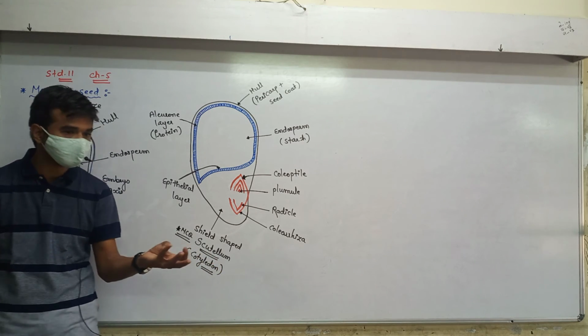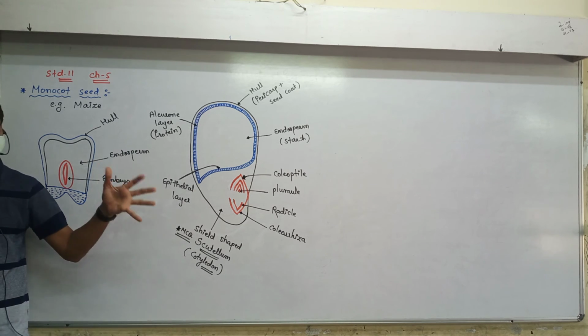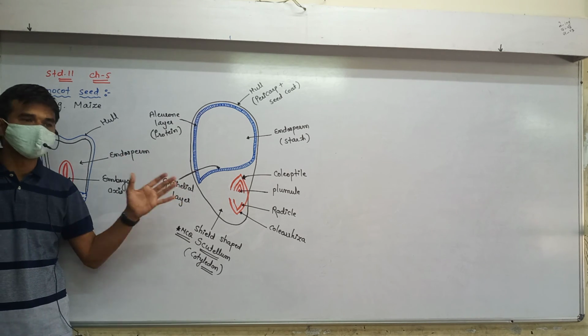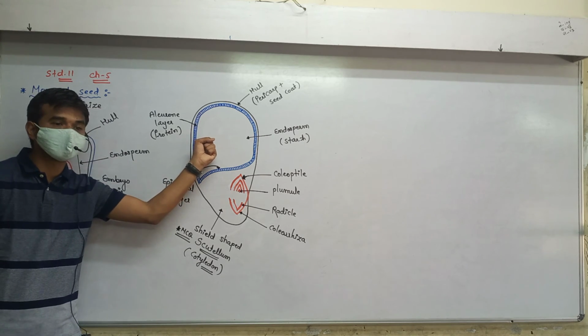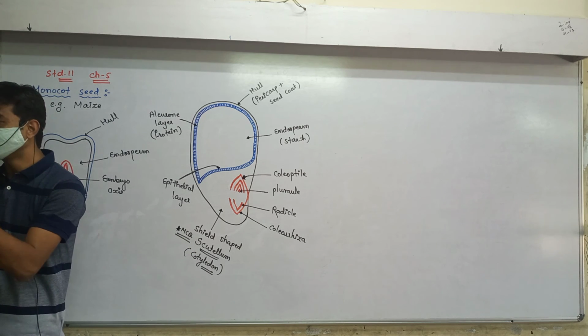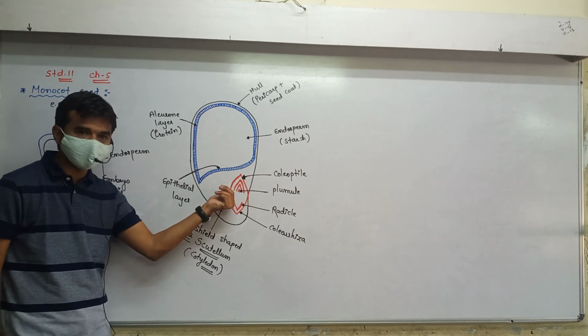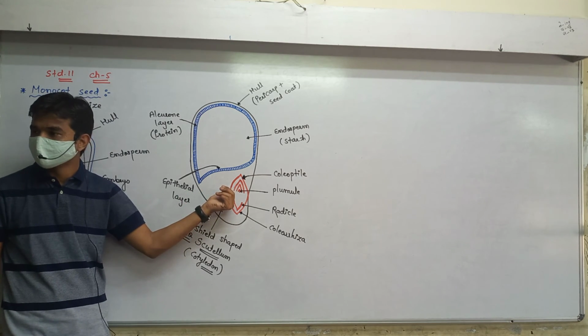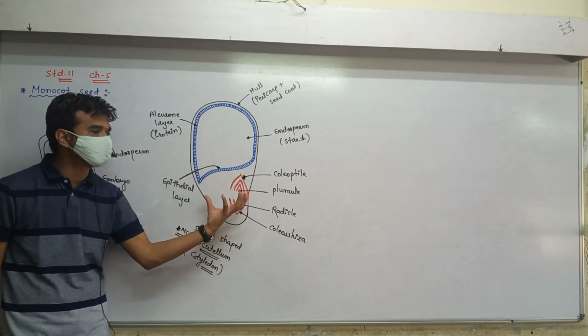Cotyledon, endosperm, seed or embryo? Cotyledon. Generally we think that in the monocot seed no cotyledons are there, but here endosperm is also there and a cotyledon is also there. But here only one cotyledon, that's why it is known as monocot seed. This shield-shaped cotyledon, known as scutellum, protects the embryo.